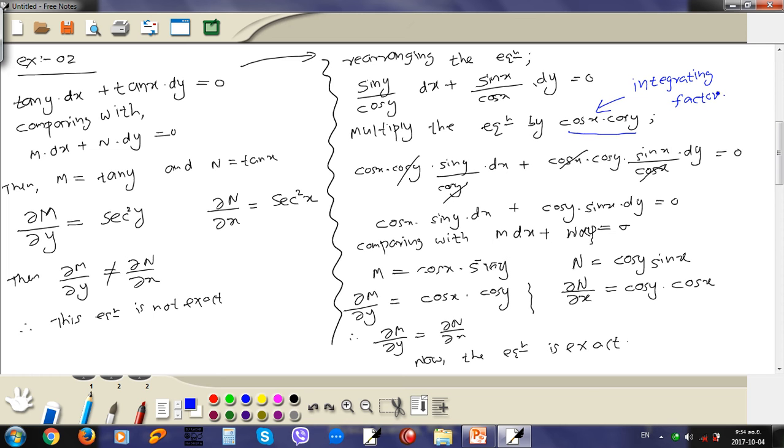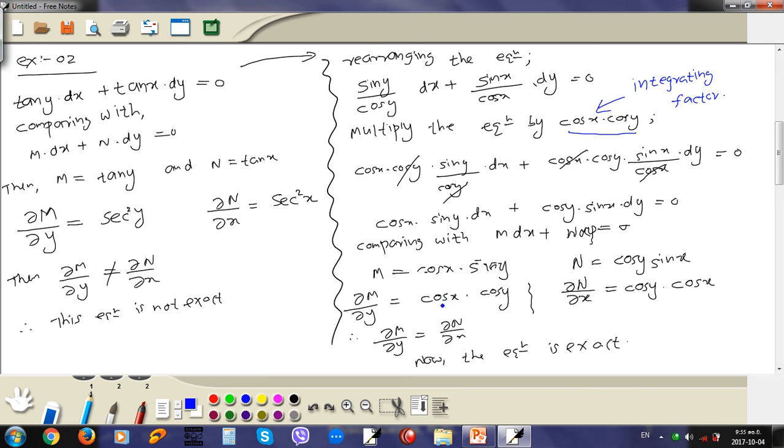After multiplying, if we get an exact equation, we call that the integrating factor. There are some special methods to find the integrating factor. We will consider how to find it in the next lesson, but remember that you can convert some given equations to exact equations by multiplying by an integrating factor.